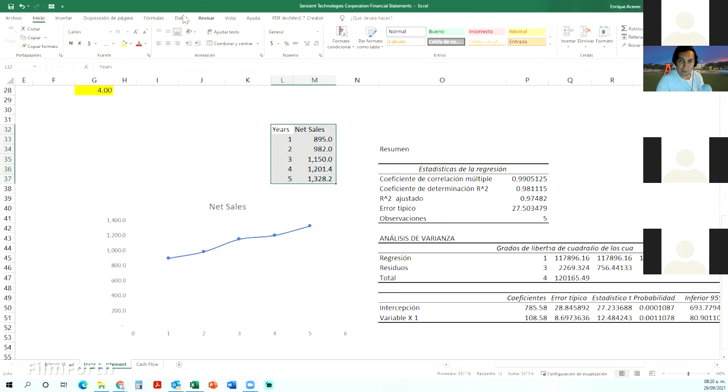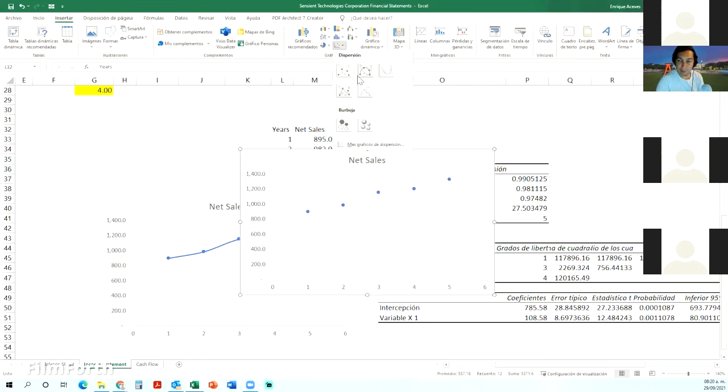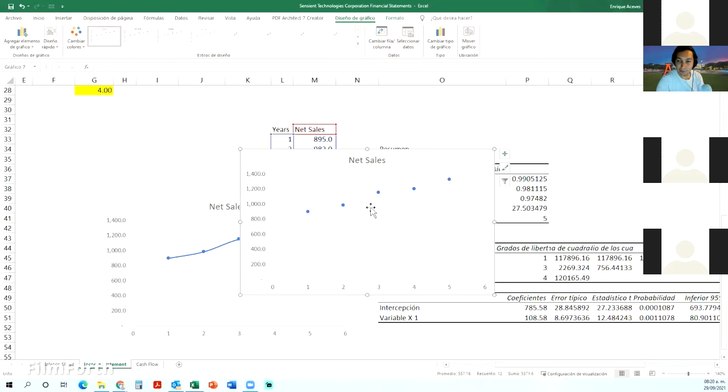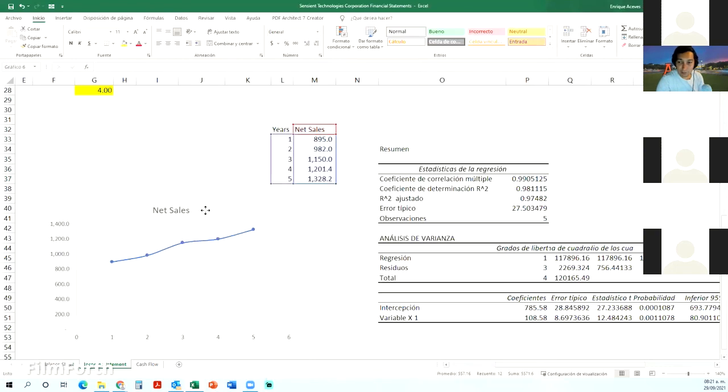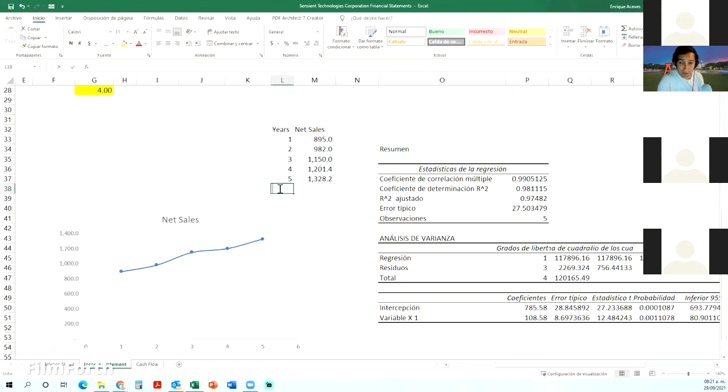Select everything and insert a dispersion chart with the line, preferably. You can do it also without the line. So remember that what you want to get is the sixth element. Then the next one, because this is 2010. This is 2009.